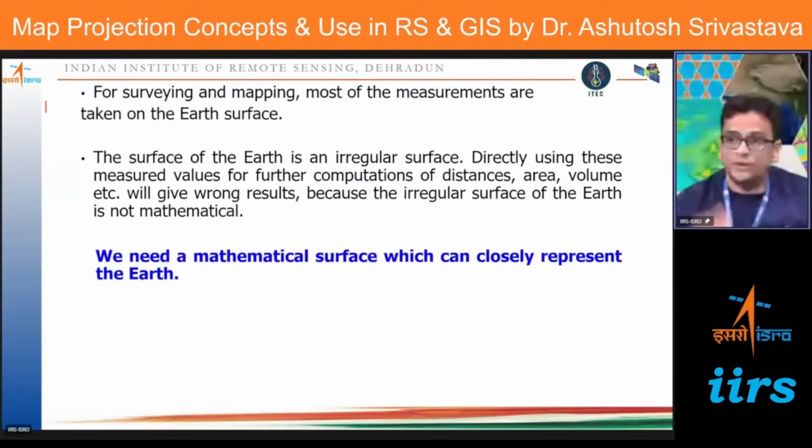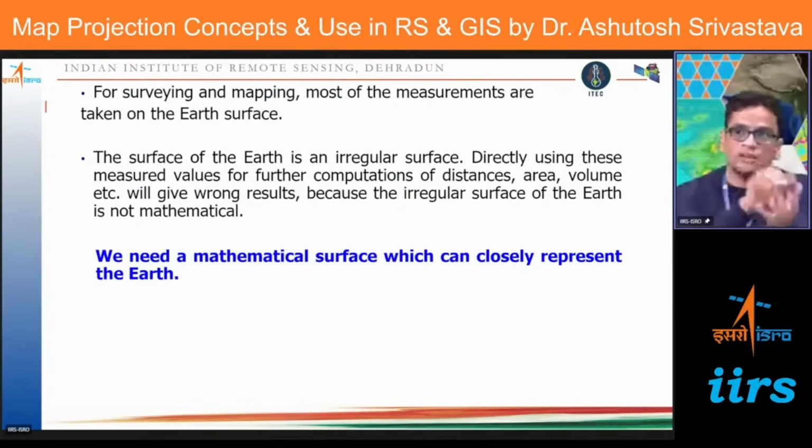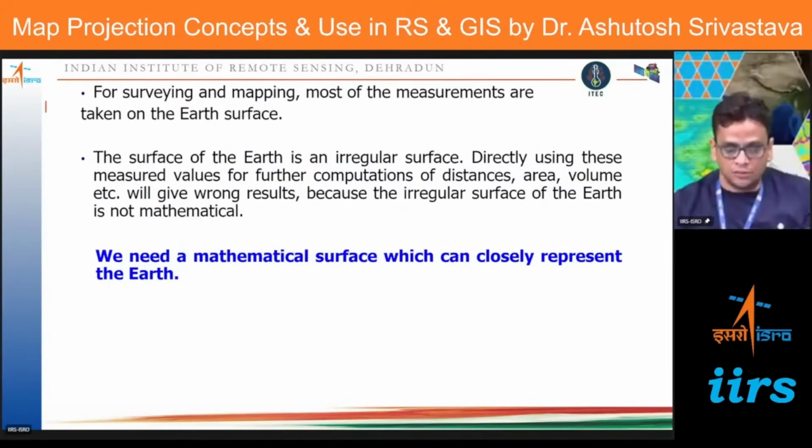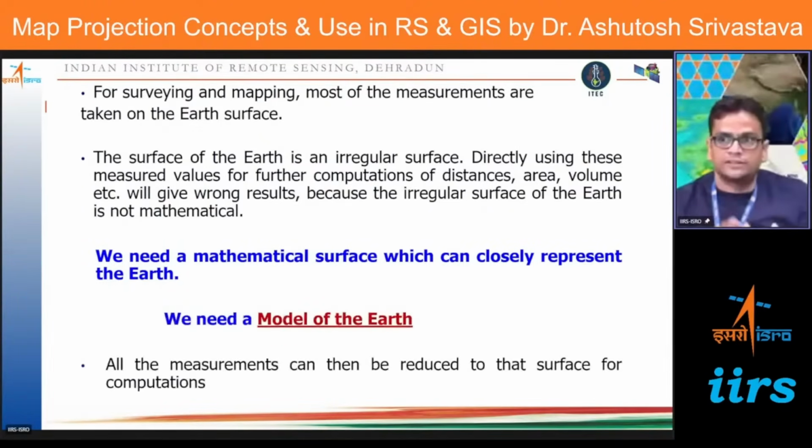So we need a surface which can closely represent our Earth. That mathematical surface will be more useful for our estimation of area, volume, length, distances, whatever we are going to define. So we need such a mathematical surface which can closely define our Earth. So what is that object or surface that will come?